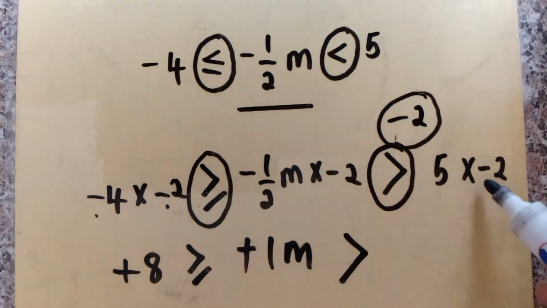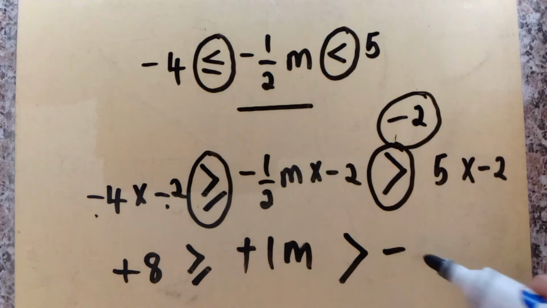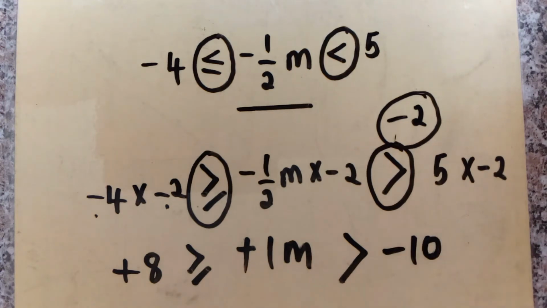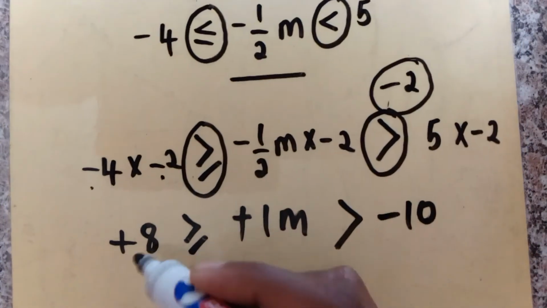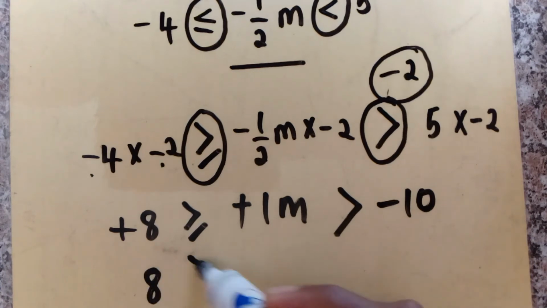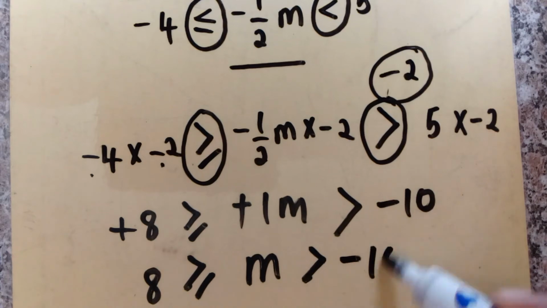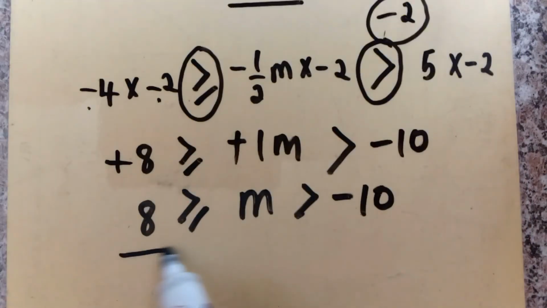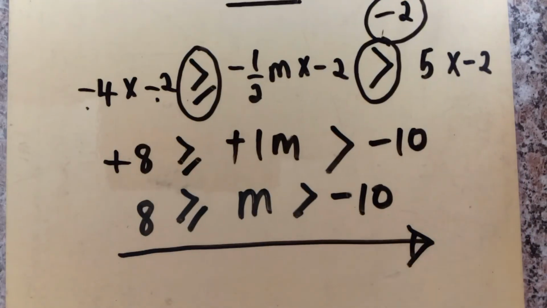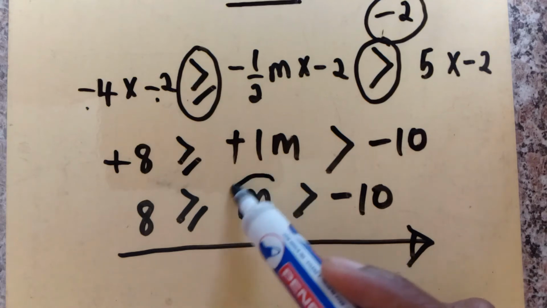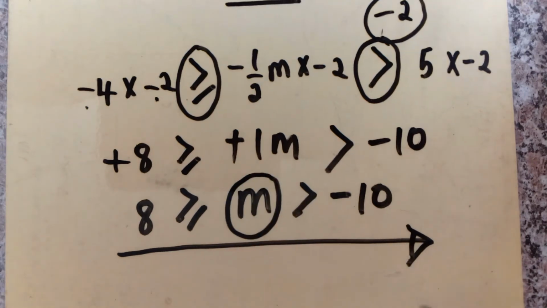A negative multiplied by a positive is simply going to give us negative 10. So you can say 8 is greater than or equal to m, which is greater than negative 10. Now in the middle we have a value of positive m. That means we have solved for m.